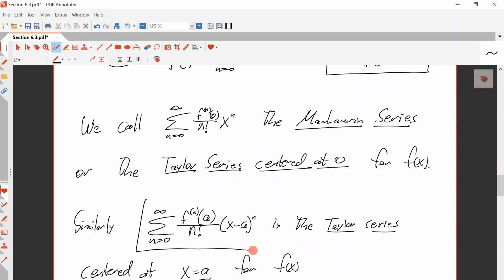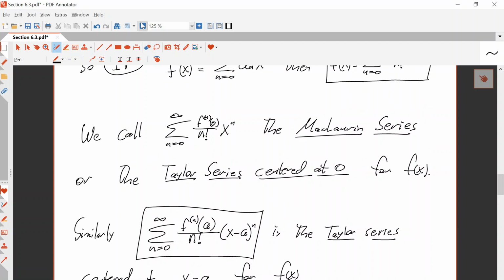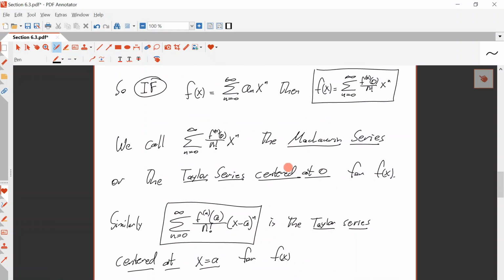So we have the Taylor series centered at 0 and the Taylor series centered at a. You can do it either way. Usually 0 is an easier one to deal with, but in that case, this is what it is.